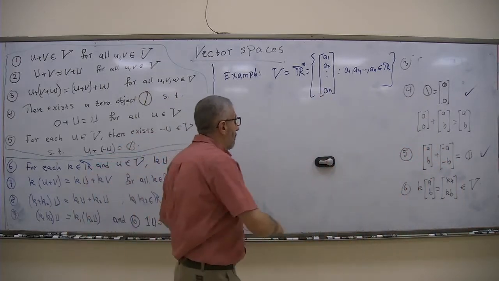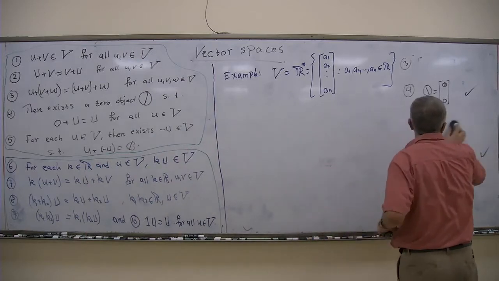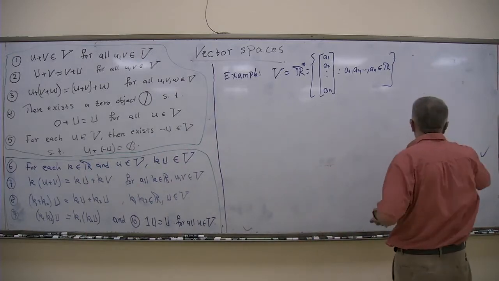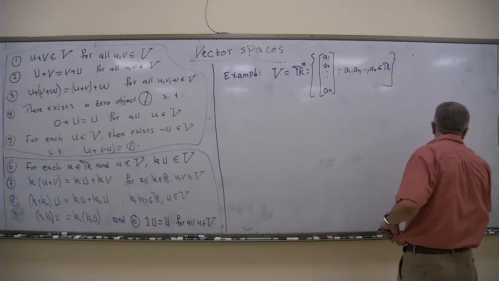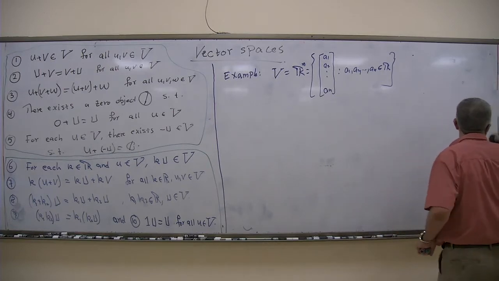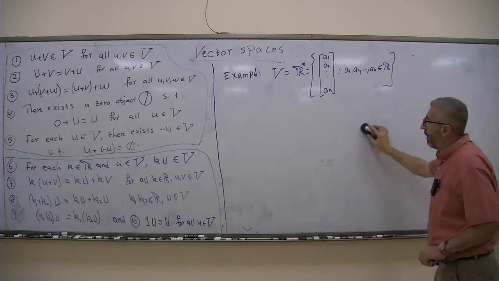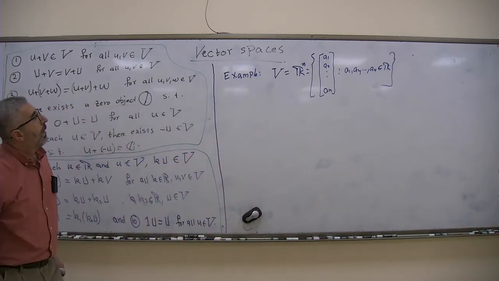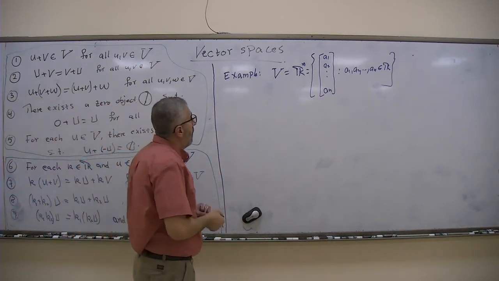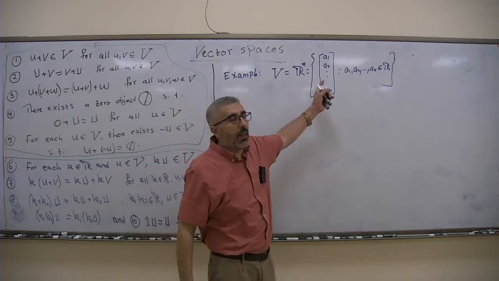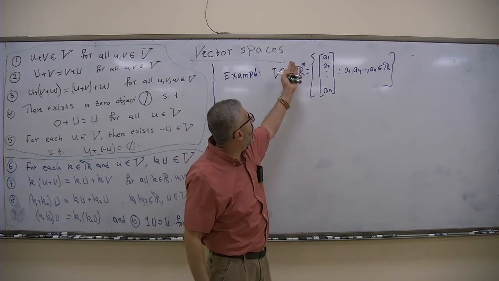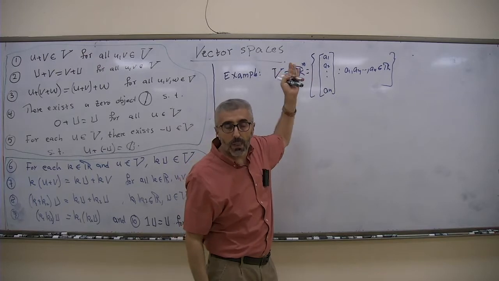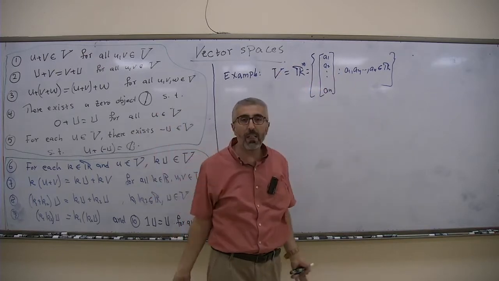Okay? So this vector space is the simplest vector space, and that is called the Euclidean vector space. So you can consider all of those: no matter whether n equals 1, n equals 2, n equals 3, n equals 100. Those are a family of examples.